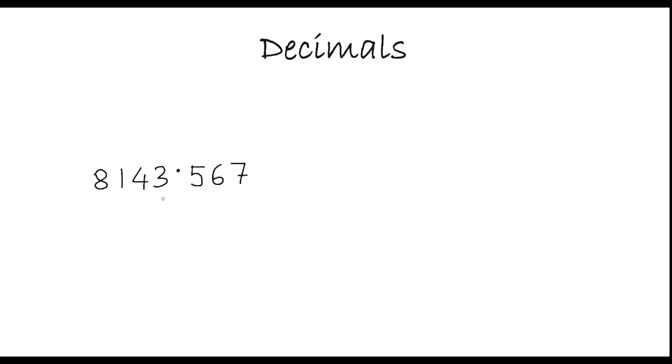Each of the digits has different names and different values. When we name the places, we start counting from the digit closest to the decimal point, to the right and to the left.